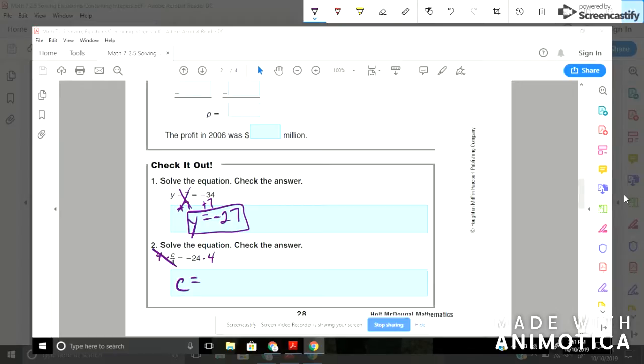So when I'm multiplying or dividing, different signs will give me a negative answer. And 24 times 4: 4 times 4 is 16, carry my 1, 8, 9. Negative 96.